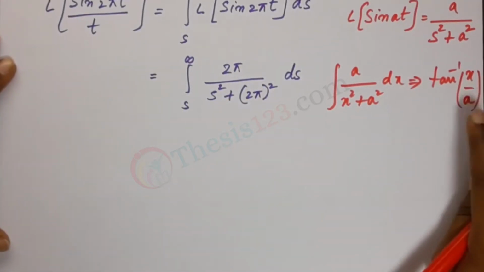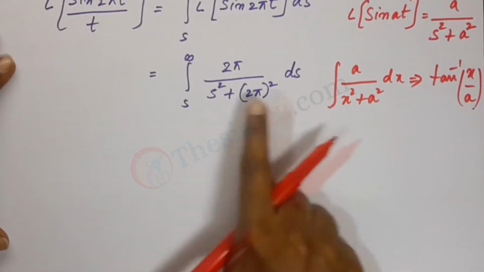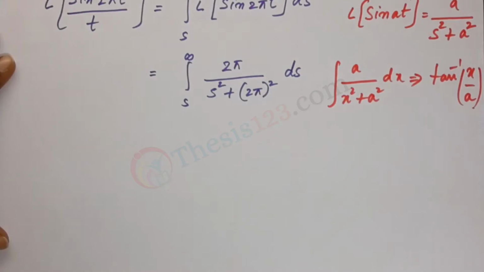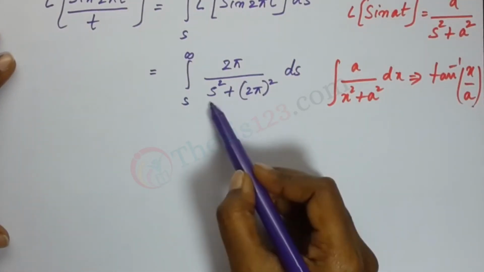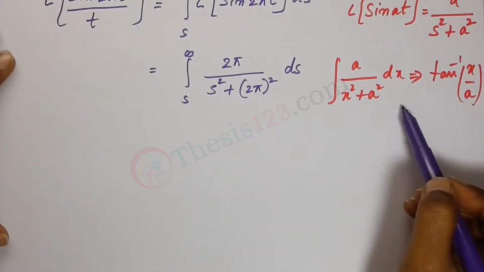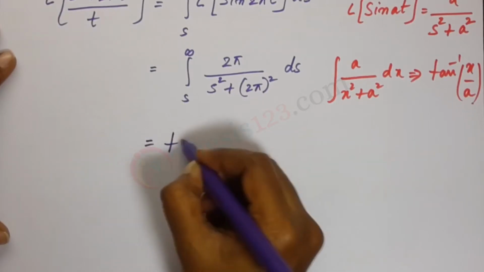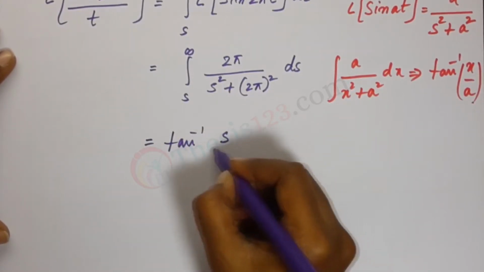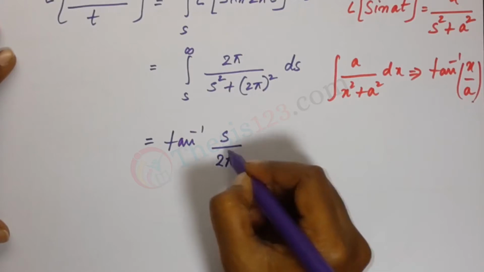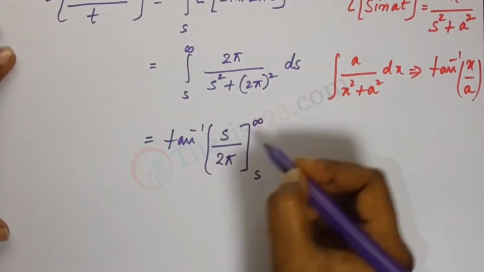Do you remember this? This is what we are going to use here. So the integral from s to infinity of 2 pi by s square plus 2 pi whole square ds we relate to this formula, and we can write this as tan inverse of s by 2 pi from s to infinity.